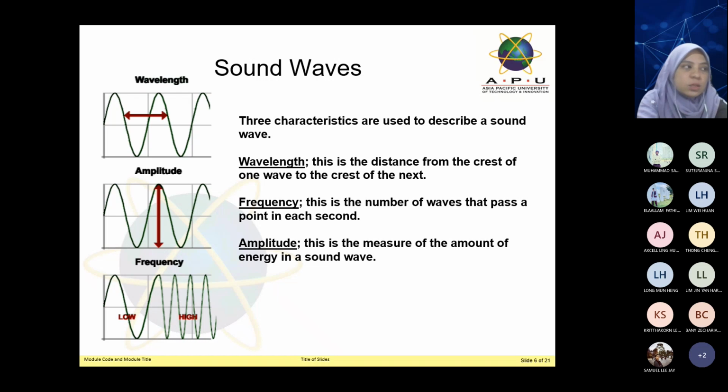I put it in the chat also. Next is amplitude. Amplitude is the measure of the amount of energy in a sound wave. So amplitude is from peak to peak.